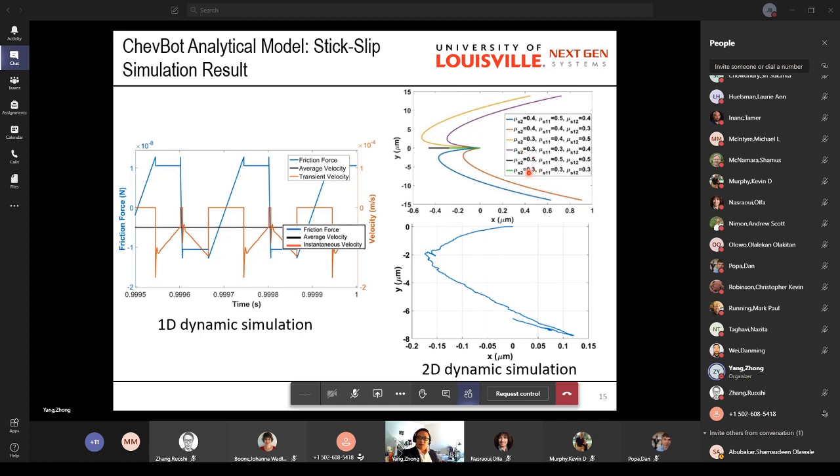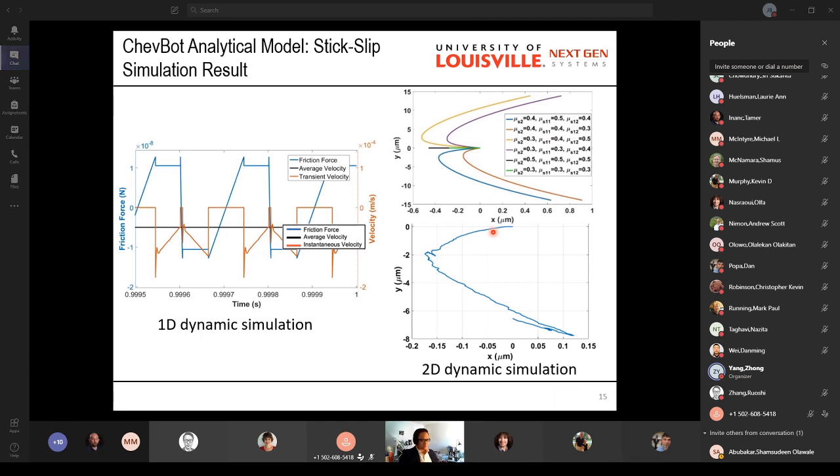But if we randomize these friction constants, because the robot's legs are touching down on the surface of the substrate, at each location we assume the friction constants have some difference. If we randomize those friction constants, then we find that the robot has a zigzag random walk in space.